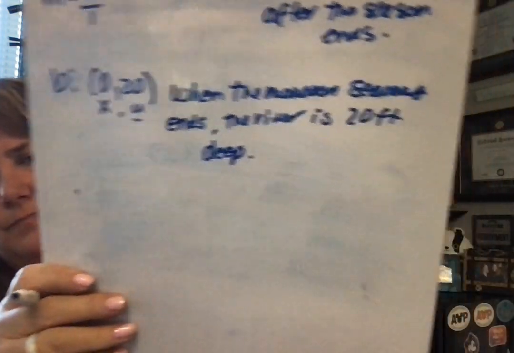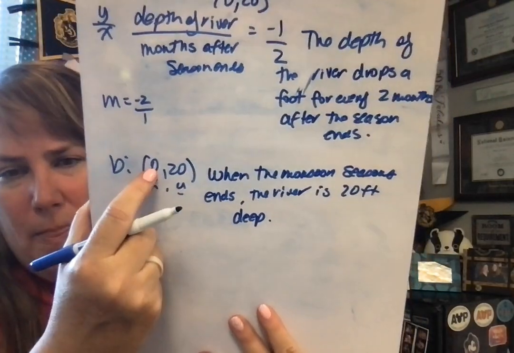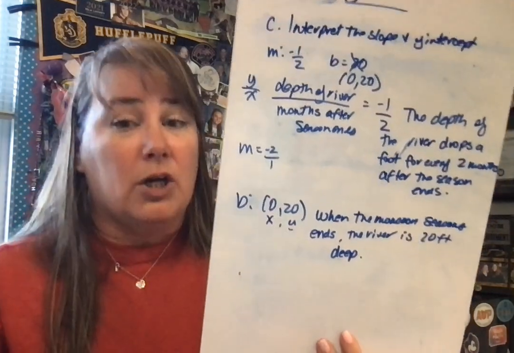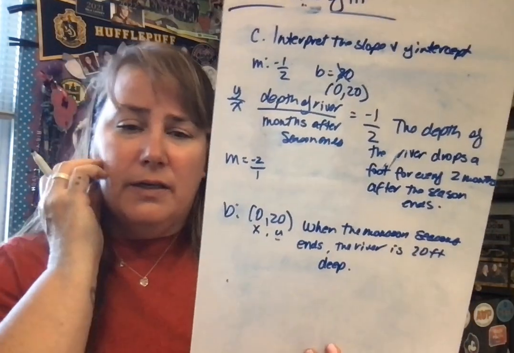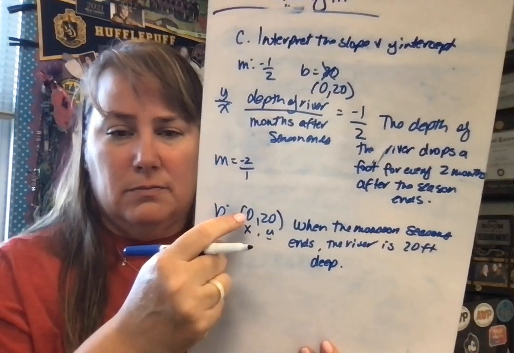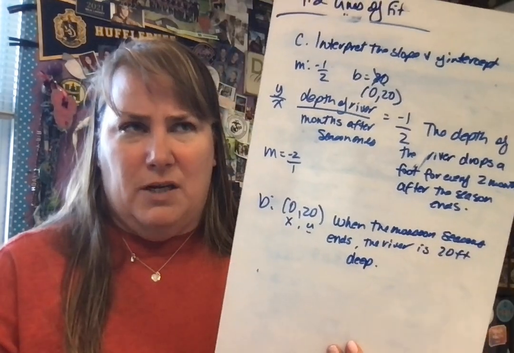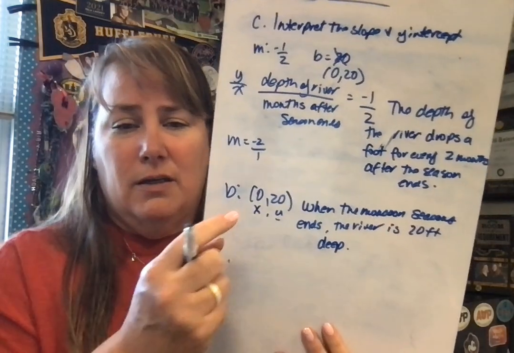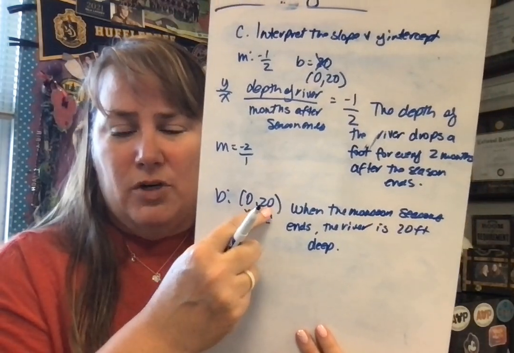There you go. When the monsoon season ends, it's 0 because it's no longer having these torrential downpours, okay? Or 0 months after the monsoon season ends. However you want to say it, guys. This is what makes sense to me. When the monsoon season ends, the river is 20 feet deep.